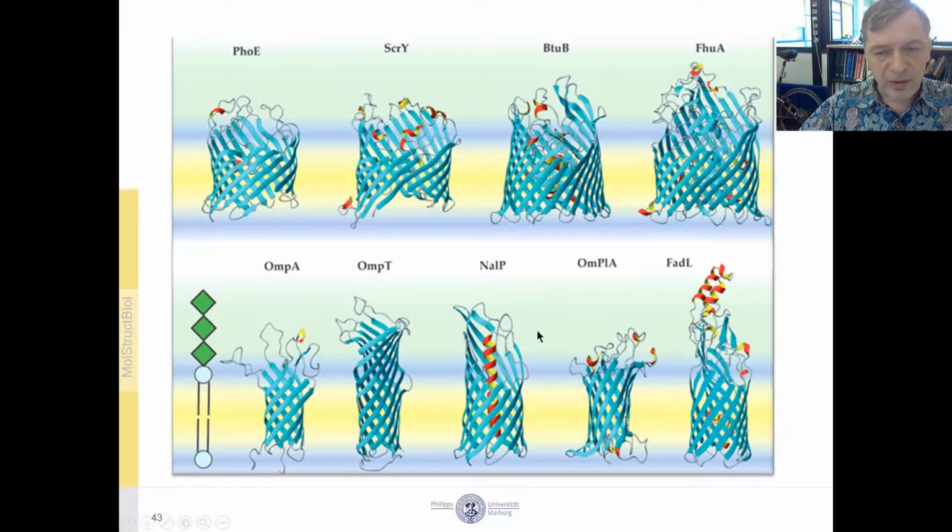One has to add that some of those proteins act really as membrane anchors. There are proteins on the surface of bacteria which are attached to an anchor like this one and project something out of the outer membrane.